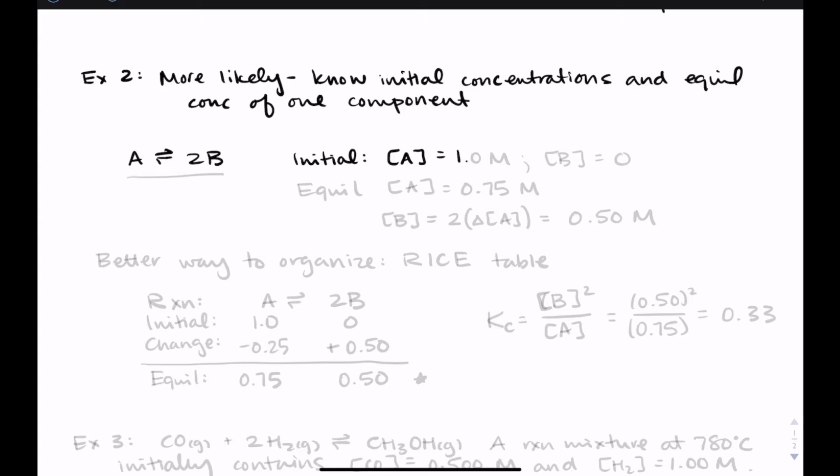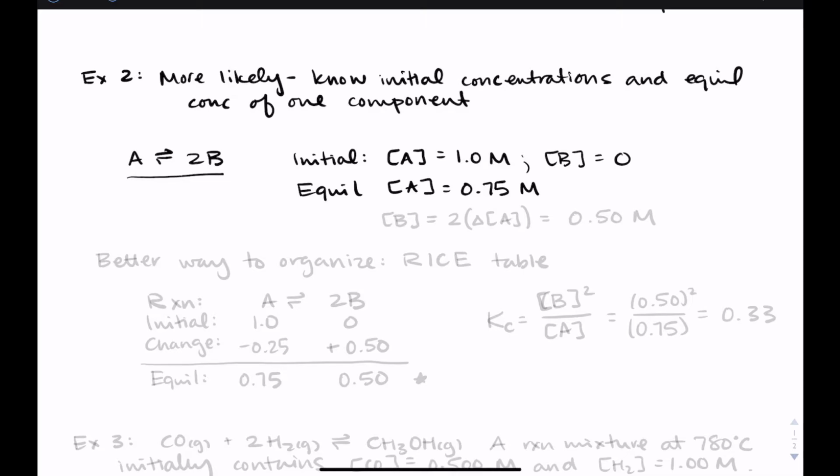So a couple of things going on here. We are going to treat concentrations kind of like they are mole values. This is only possible because all of my reaction is in the same size container. So it doesn't matter if we're doing pressures or concentrations, because unless I have this perturbation of changing the size of the container, which we're only going to do one thing at a time, so we don't have that.